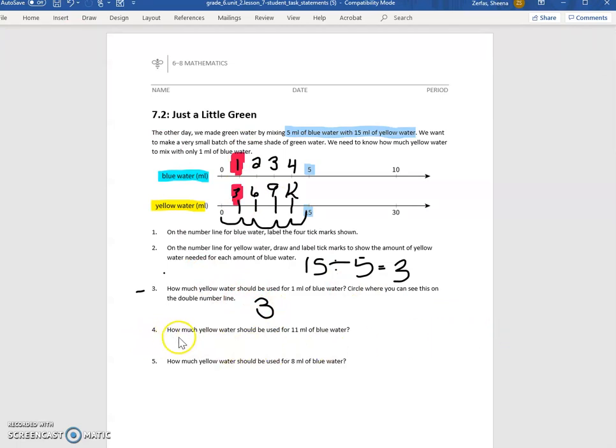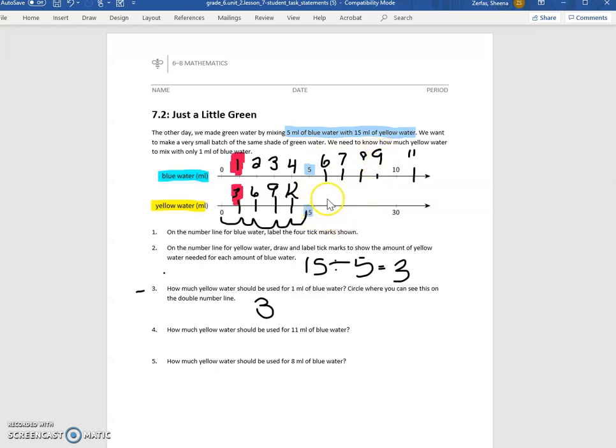Part 4 here, how much yellow water should you use for 11 of blue? So I need to continue my number line until I get to 11. So if we're counting by ones, you're just listing out 6, 7, 8, and 9 up top.